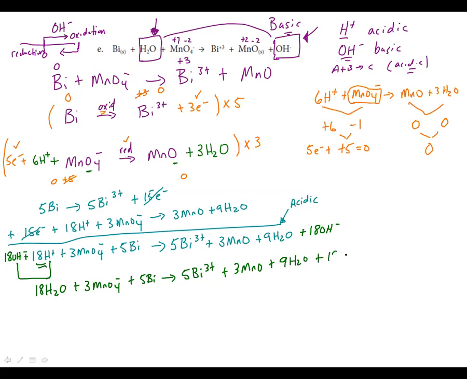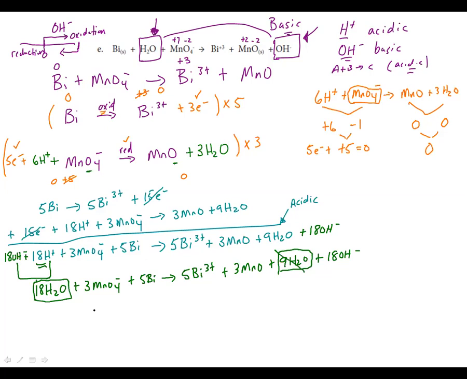And usually in this case, the last thing that you need to do is look on both sides. As you will typically see, we got 9 waters on the right and 18 waters on the left. That also will reduce down. It's like subtracting 9 waters from both sides.